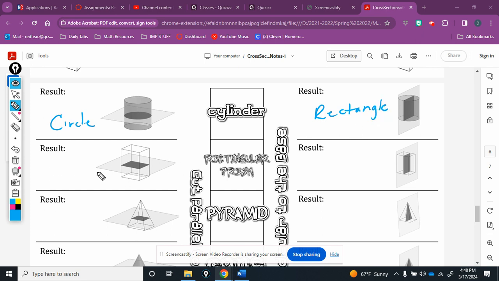Okay, this is our rectangular prism. If I was to cut my rectangular prism left to right through the base, then I am going to get another rectangle. And if I was to cut my rectangular prism up and down perpendicular to the base, we would still get a rectangle.